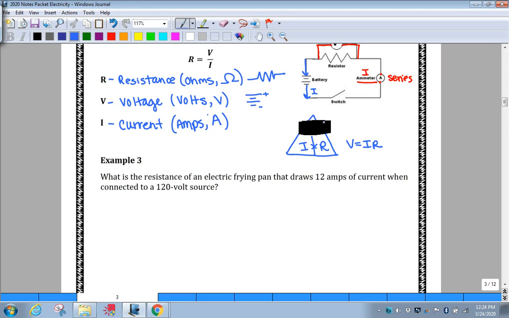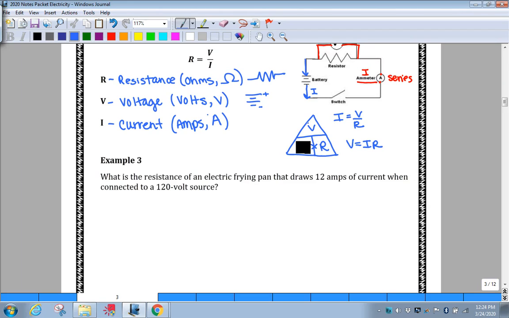Okay, let's look at another thing if we wanted to calculate another variable. So I'm going to black out I. Okay, so I'm covering I. If I want to solve for I, now V is over R. So whenever it's V over R, that's a division.